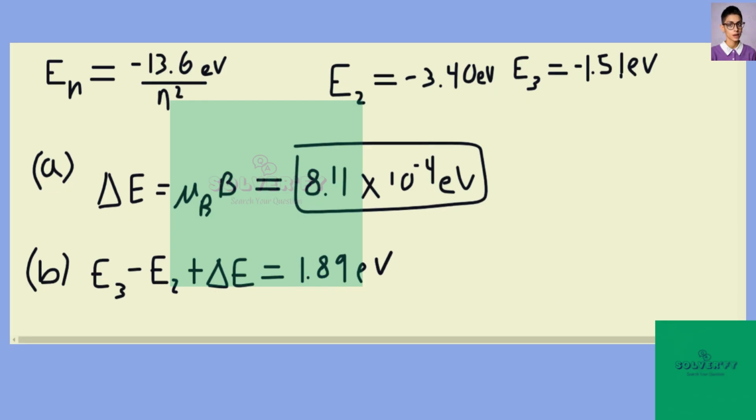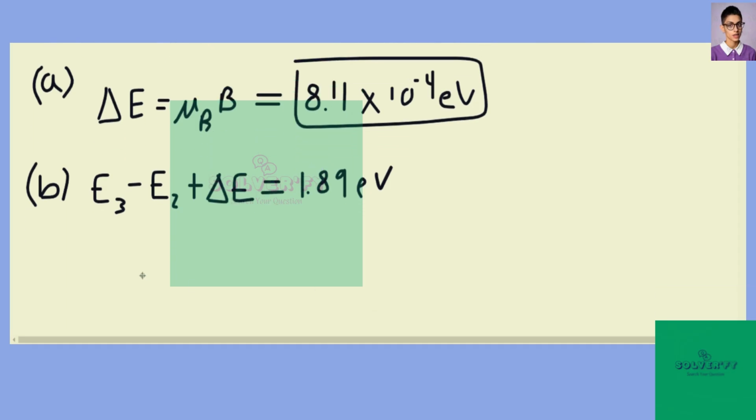So now that we know that, we can do change in wavelength here. Lambda minus lambda prime is equal to delta lambda.